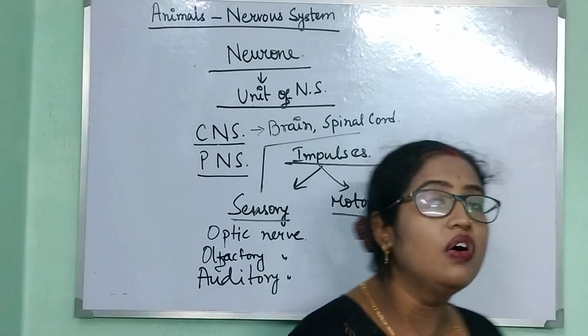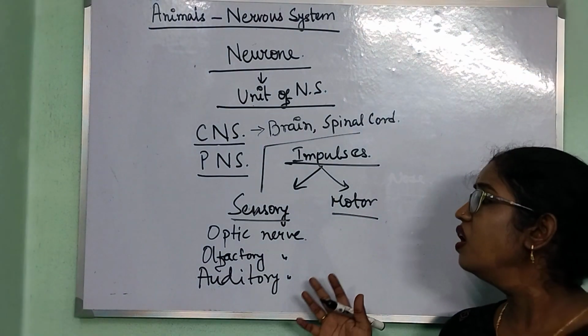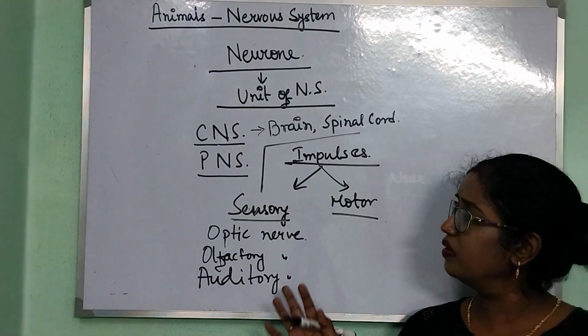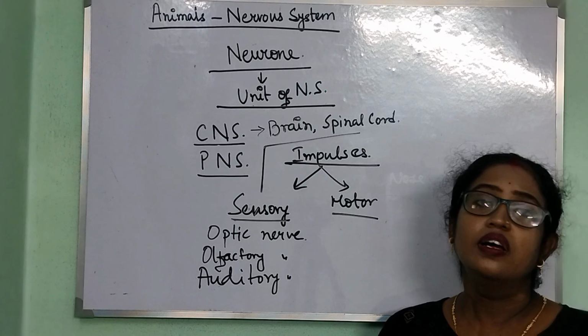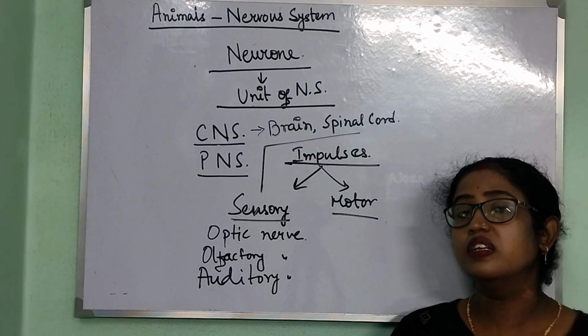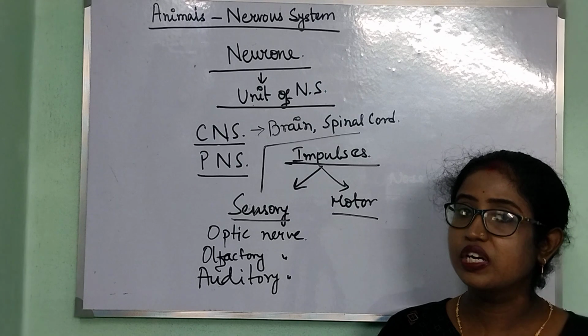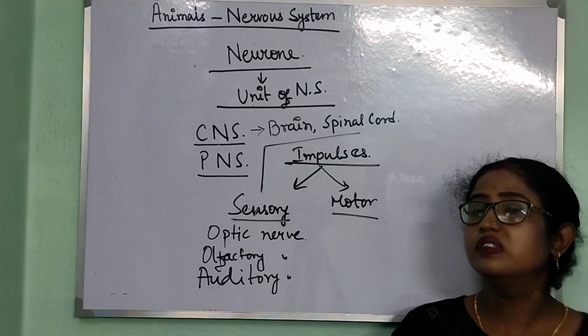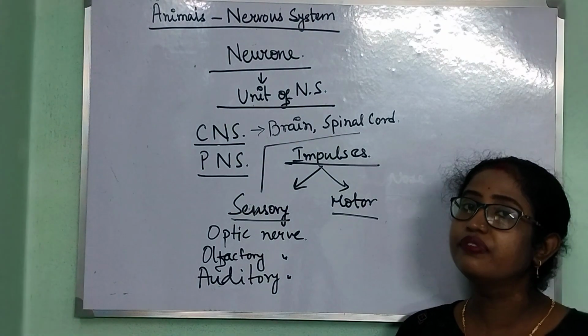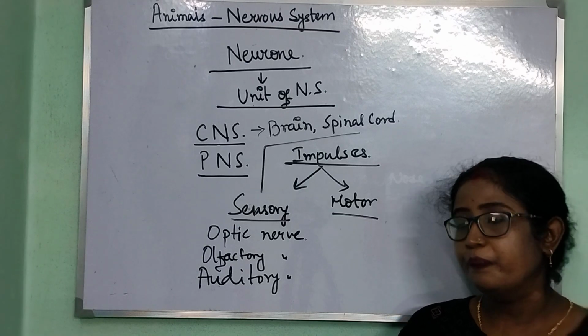We also have other sensory neurons. We have the glossopharyngeal, then we have the facial. So these all are the sensory neurons that we have in our body.